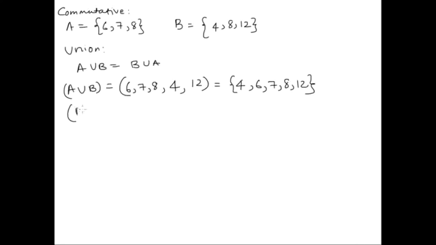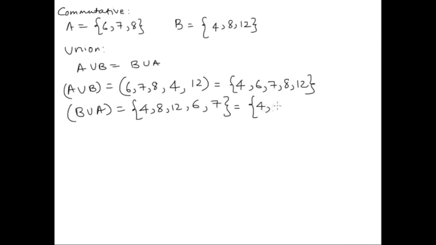Now let's do the same for B union A and see what we get. Write down all the elements of B first. That's 4, 8, 12. And then list out the elements of A without repeating anything. So that's 6, 7, and 8 is common, so we leave that. Let's arrange this in ascending order.